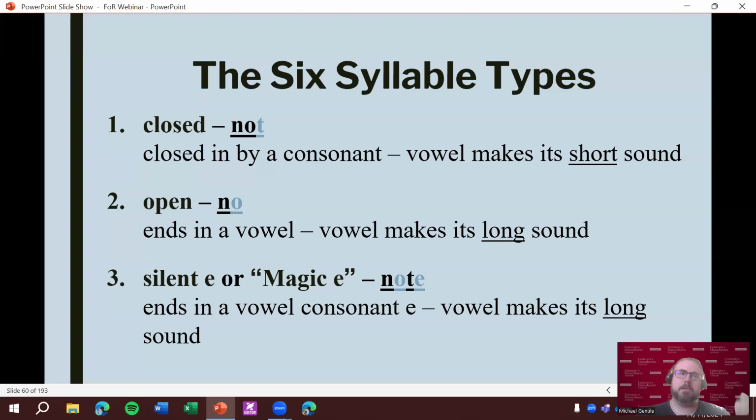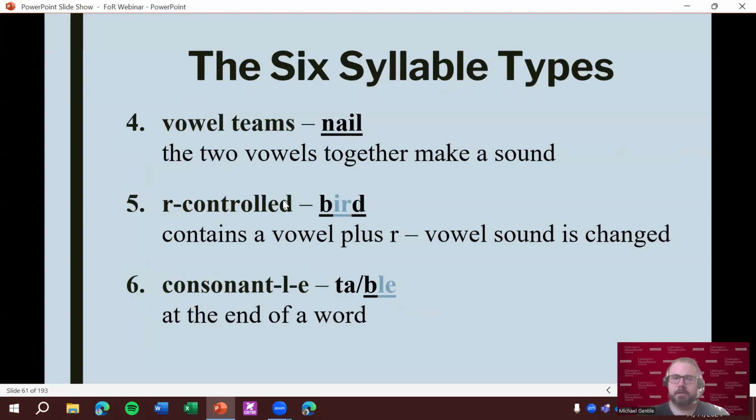That's also, in terms of the test, going to be what we consider easier versus harder. The MTEL will force you to make comparisons about what word would be easier or harder for a student. And so you should broadly know that closed is going to be easier than open, which is going to be easier than silent E, and so on and so forth.